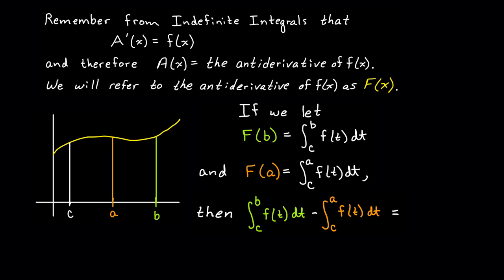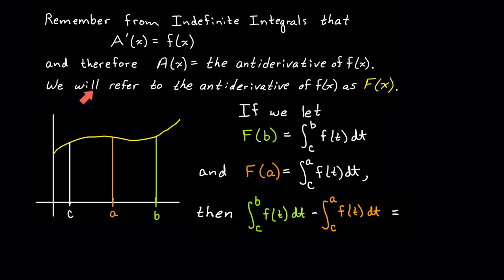Now, remember from the indefinite integrals video that the derivative of the area that you are finding is equal to f of x. And therefore, what we did is we took the antiderivative of both sides of our equation, and the antiderivative of the derivative gave us A, which is your area, and that area was equal to the antiderivative of f of x.